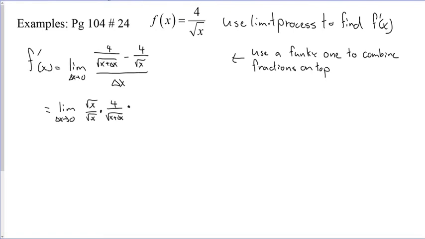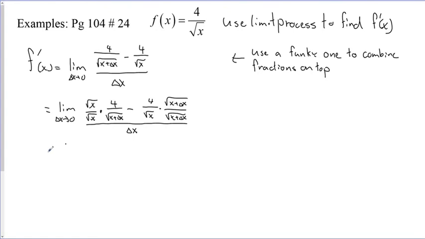Come on, let's just get it right first time, no errors. Minus 4 over square root of x times the square root of x plus delta x over the square root of x plus delta x. All right, and don't forget, that's still over delta x.